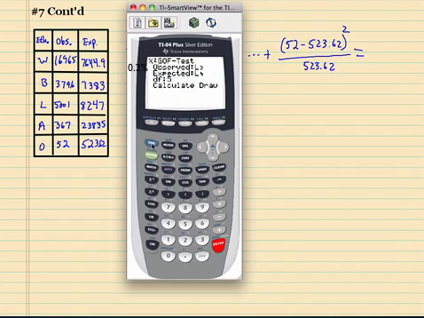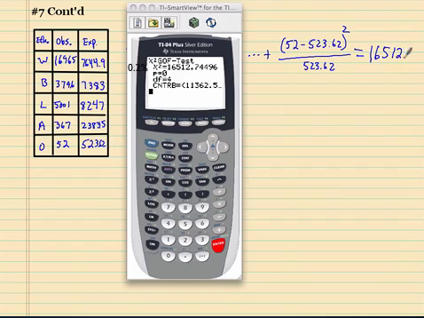I have my observed in list 1 and my expected in list 2. My degrees of freedom is 4. See, I have 5 categories, so it's 4. And calculate. Okay, so I get 16512.745. That's my chi-squared.